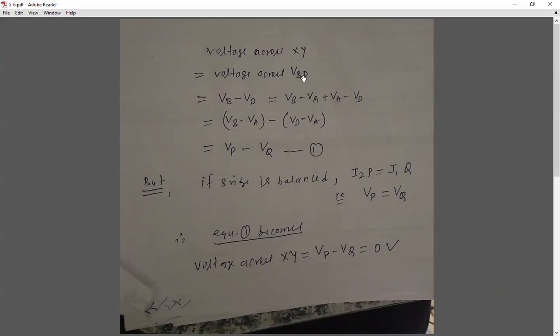So VBD is the potential difference between B and D, VB minus VD. I have adjusted it as VB minus VA, and VA minus VD. So let's see the diagram. What is VB minus VA?